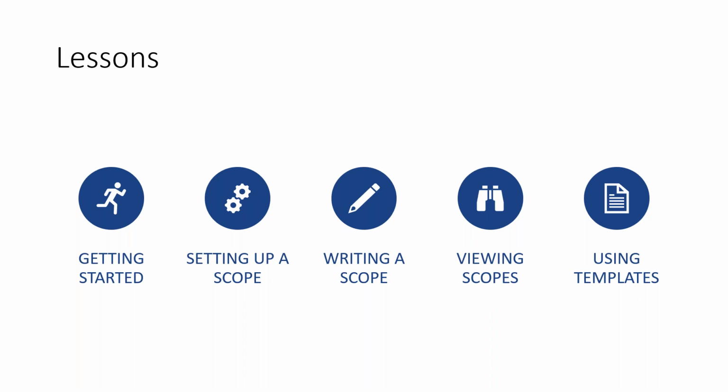So to give a little explanation of how we're breaking this up, we're going to try to logically walk through the whole process of how this tool is intended to be used by somebody who's coming into the tool, getting started, getting their hands into writing a scope, and there are different techniques you can apply. Then somebody who may not have all those capabilities and just comes in to have viewing permissions.